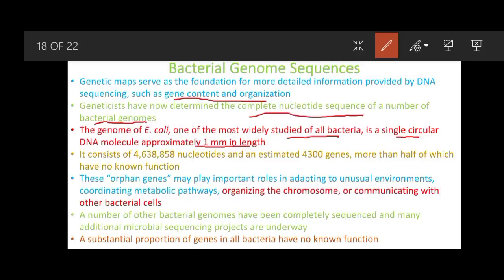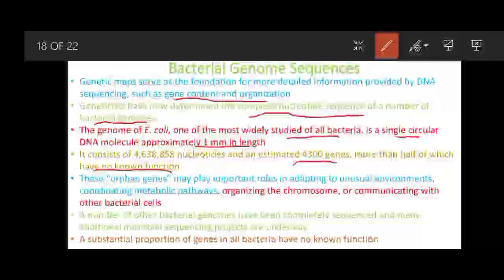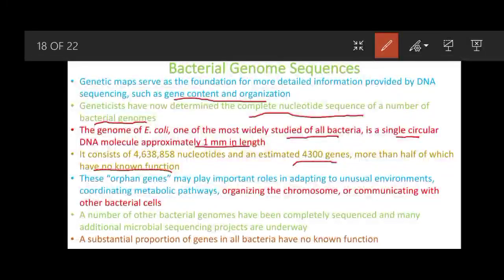It consists of 4.6 million base pairs, and an estimated 4,300 genes are present on this circular chromosome, and more than half of these genes have no known functions. They have been identified as genes, but their function is still unknown.